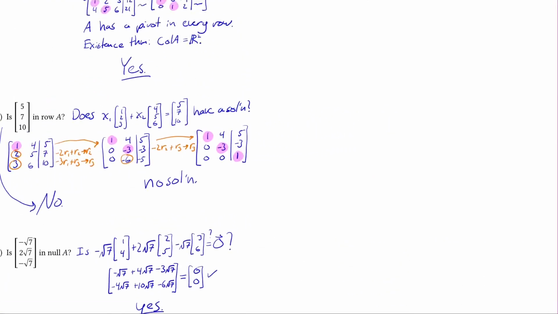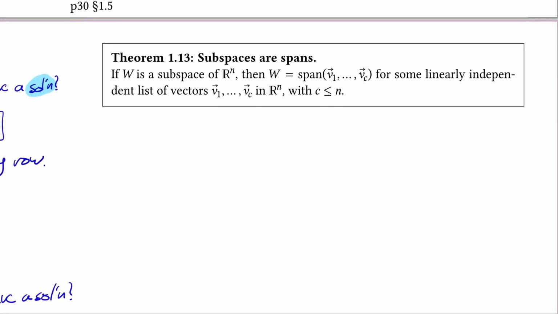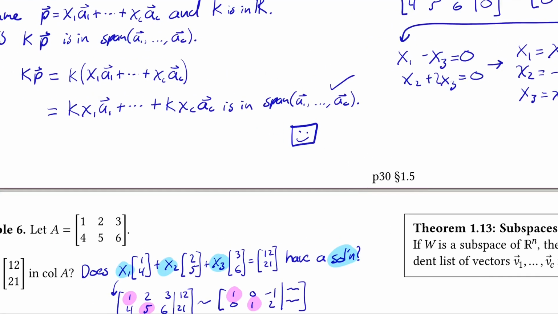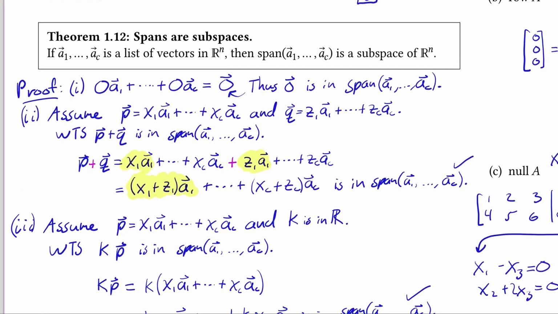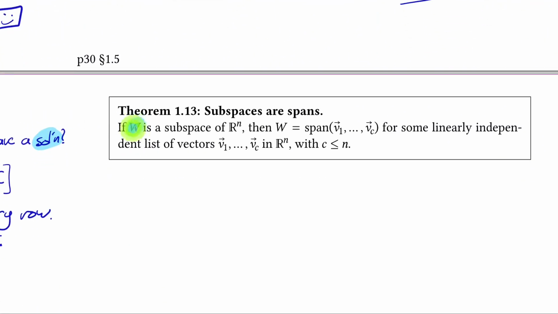Cool beans. Let's look at theorem 1.3. Subspaces are spans. We already know that every span of some vectors is a subspace. But do we know that if you have a subspace, then it is a span, that all subspaces are spans?